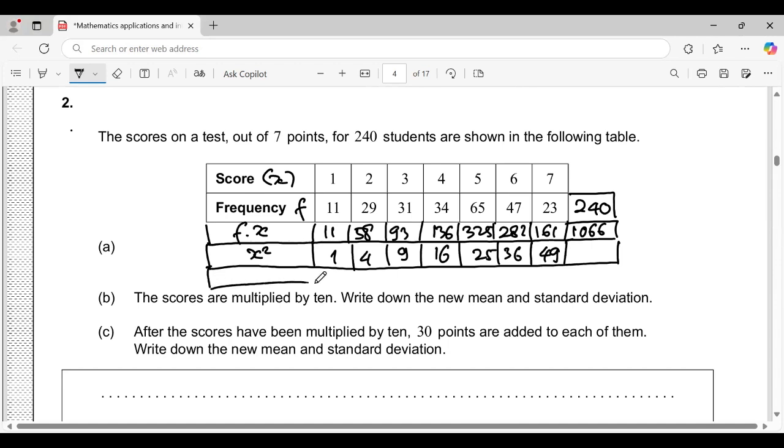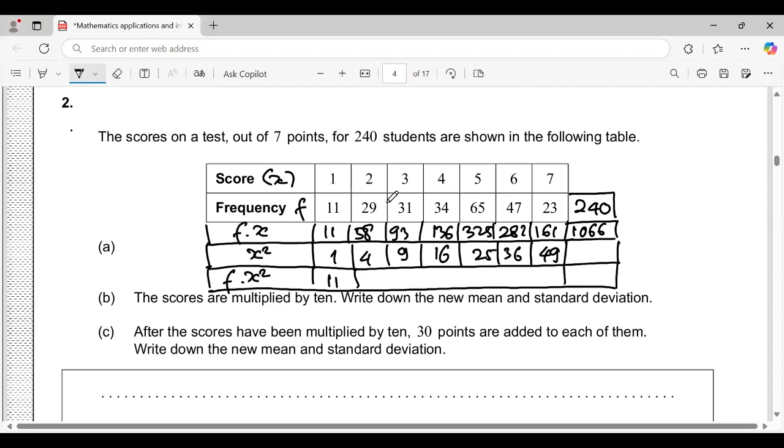And the last, this is f times x squared. 11 times 1 is 11.